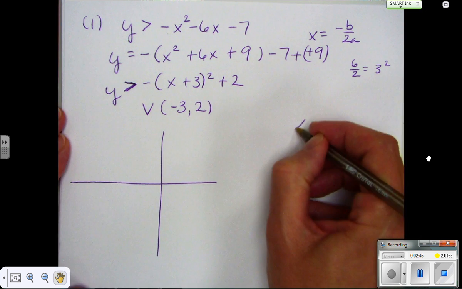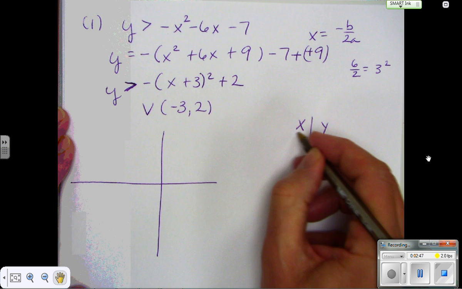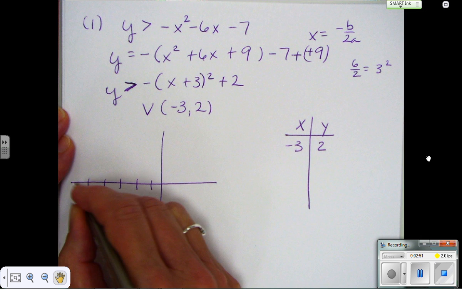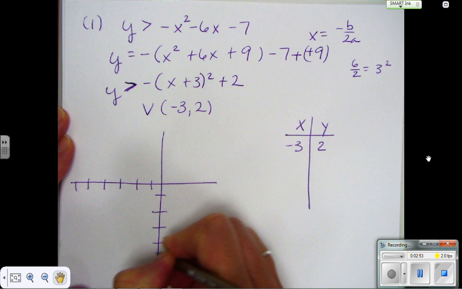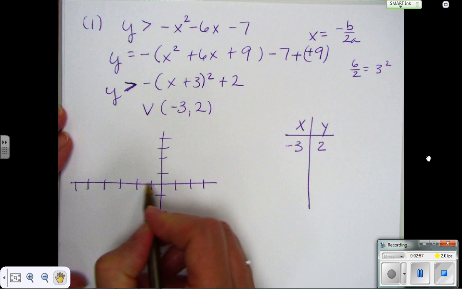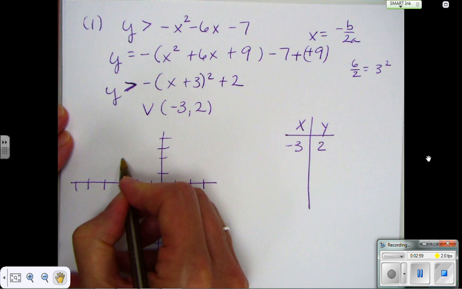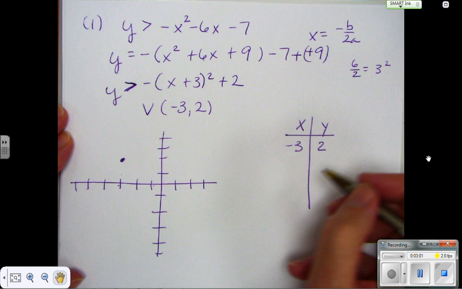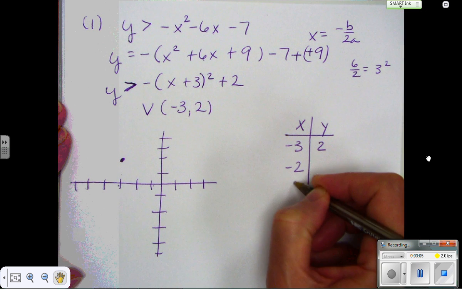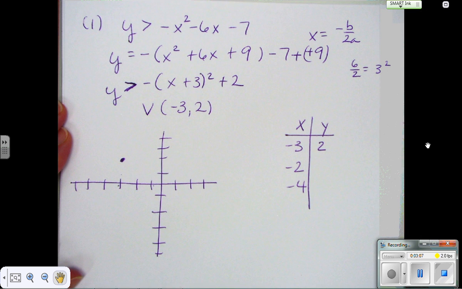And I can make a table of values over here. Start with my vertex. So negative 3, positive 2, there's my vertex. I can put two other points in there like negative 2 and negative 4 and just substitute in to get my y values.